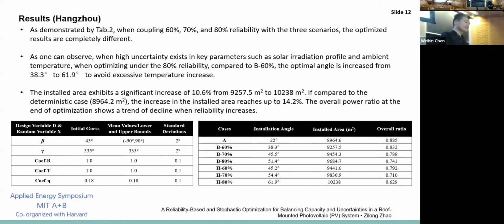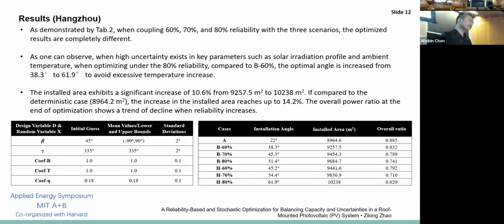Their initial guesses are given at first, along with their mean values and the lower and upper bounds, so you cannot optimize them beyond some reasonable range. The standard deviation for beta is 2 degrees in this case, and we're comparing 3 scenarios: the baseline, the low uncertainty case, and the high uncertainty case.